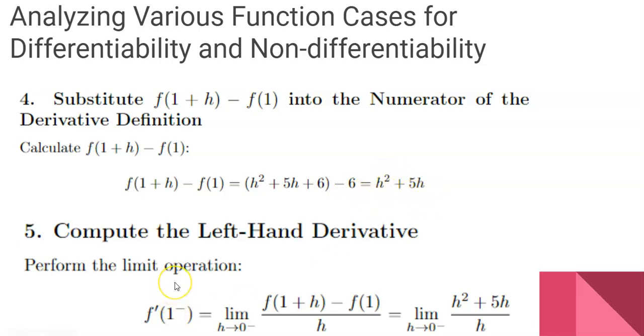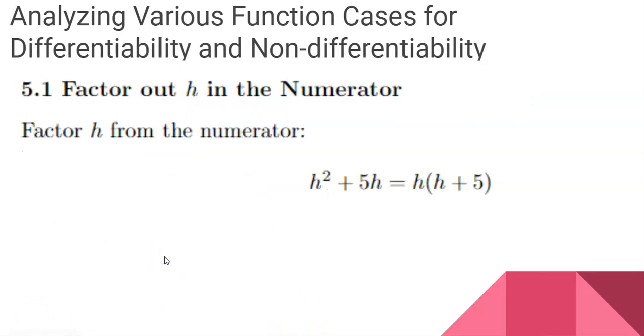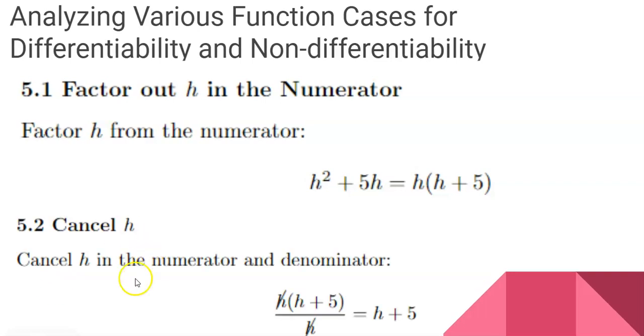Now let's compute the left-hand derivative by performing the limit operation. So we substitute the numerator here with h² + 5h. First, let's factor out h in the numerator. Okay, so h² + 5h is equal to h times (h + 5). Then we cancel h in the numerator and denominator. So we just have now h + 5.